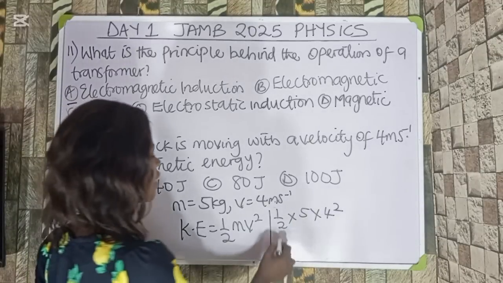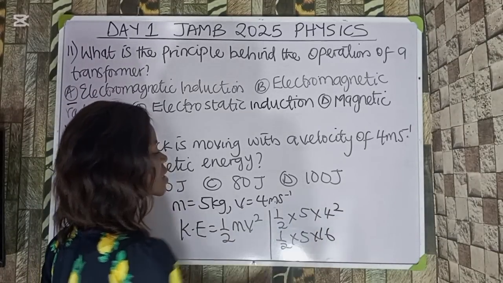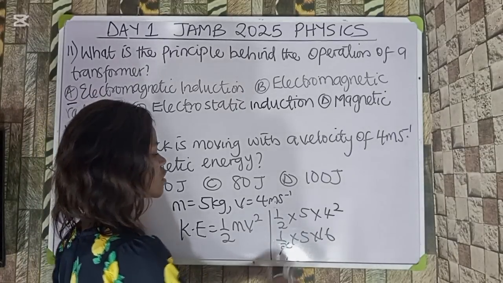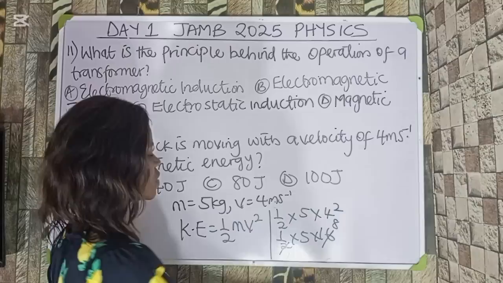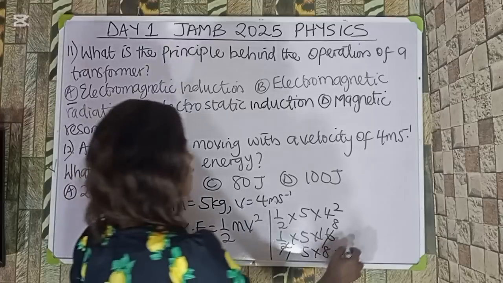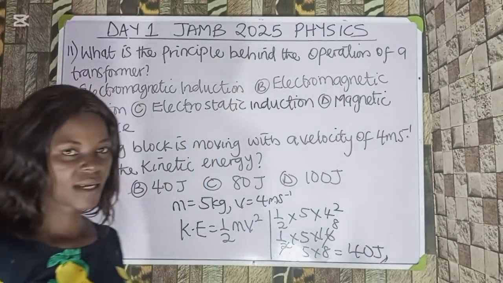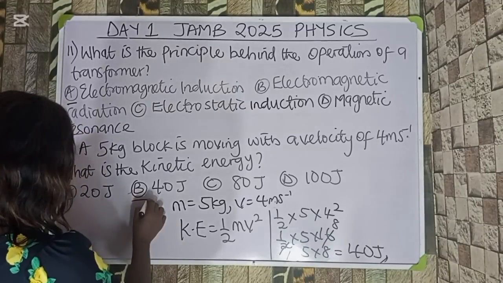By the time I square it, I have 1 over 2 times 5 times 16. If 2 divides itself, you have 1. If 2 divides 16, you have 8. So 5 times 8 is going to give me 40 joules. Is that clear? So the correct option to this question is option B.